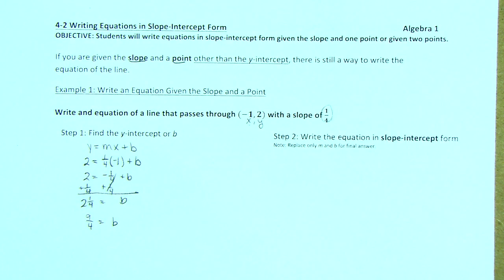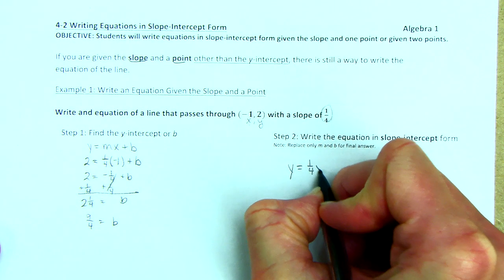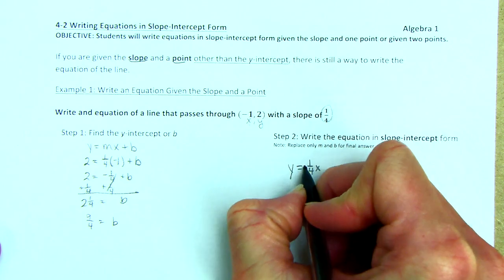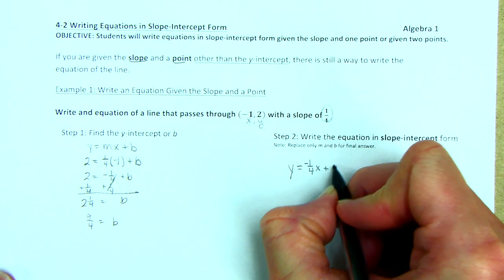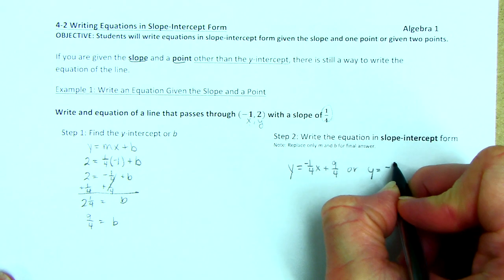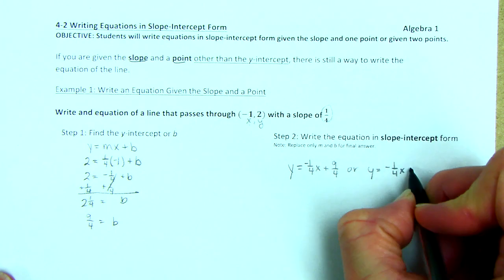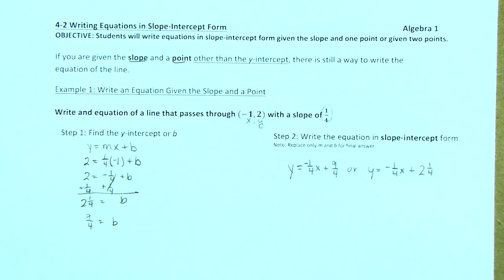And now that we have the slope and the y-intercept, you just write it. So y equals -1/4 x plus 9/4, or y equals -1/4 x plus 2 1/4, and there it is.